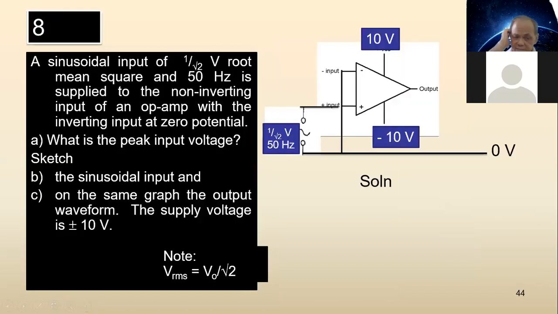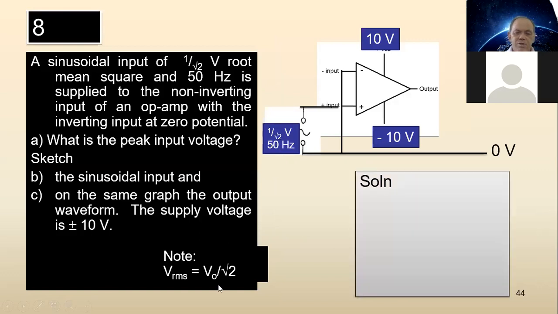We can go a bit further. If we use a sinusoidal input, your root mean square value is 1 over root 2, and your frequency is 50 Hertz. Remember, we are working with an ideal op-amp, so we don't have to worry about the inside. What is the peak input voltage? You should be able to calculate, from your AC that we have studied. Your V root mean square is V naught divided by root 2, so your V naught is V root mean square times root 2.